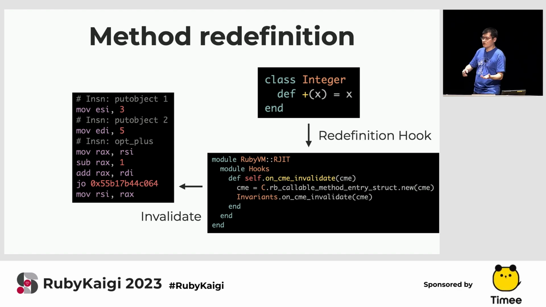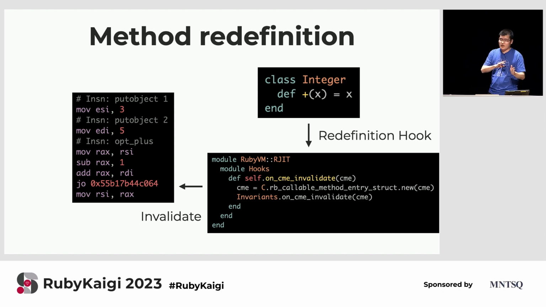We could do some optimization, like letting the existing JIT code jump directly to another piece of code that is responsible for running the callee method. If you do that kind of optimization, you have to throw away the code that directly jumps to the callee method when that callee method is redefined.